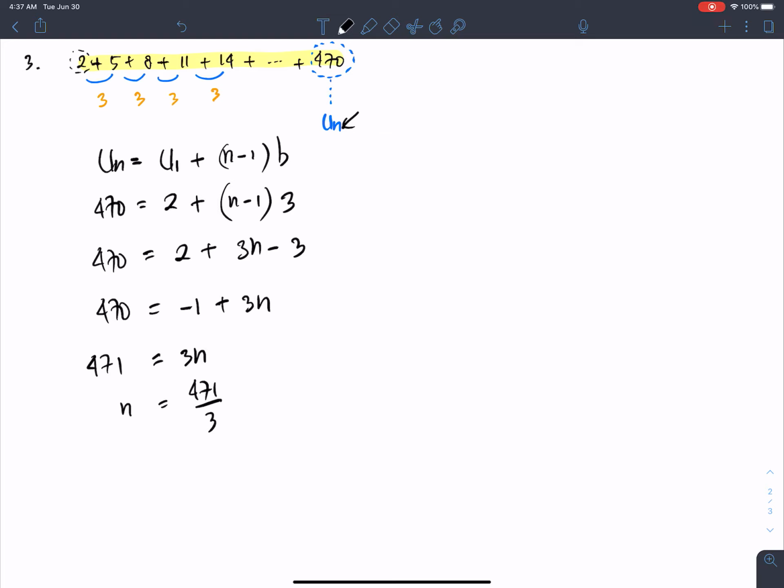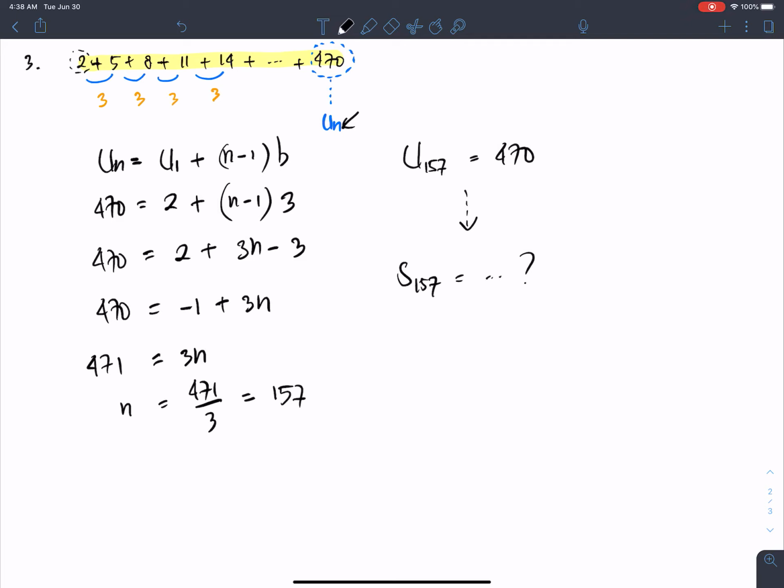So what number is that? 471 divided by 3, let me calculate, we get 157. So now we know that u157 is equal to 470. What we need to calculate is the total, S157.